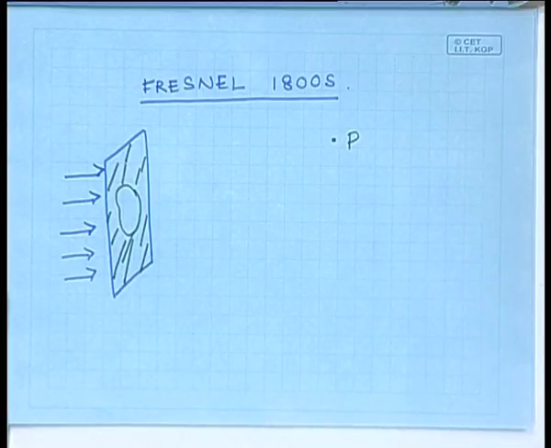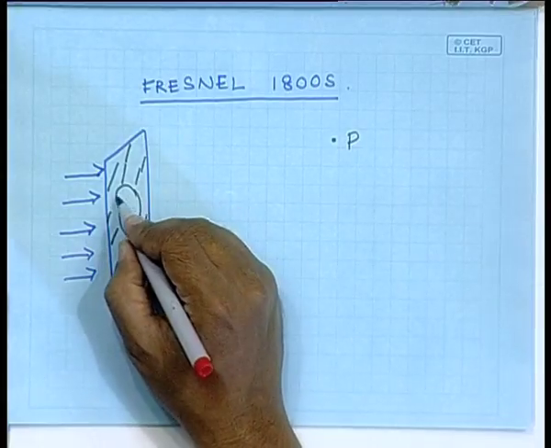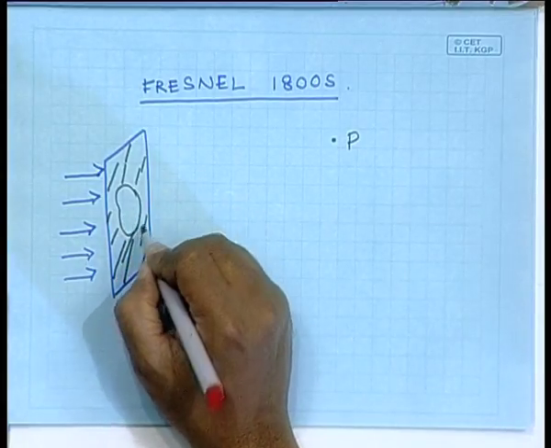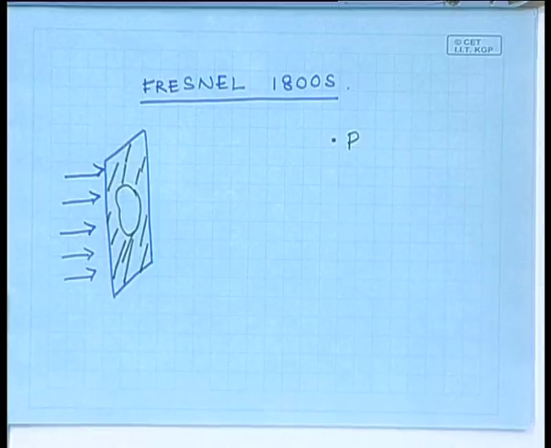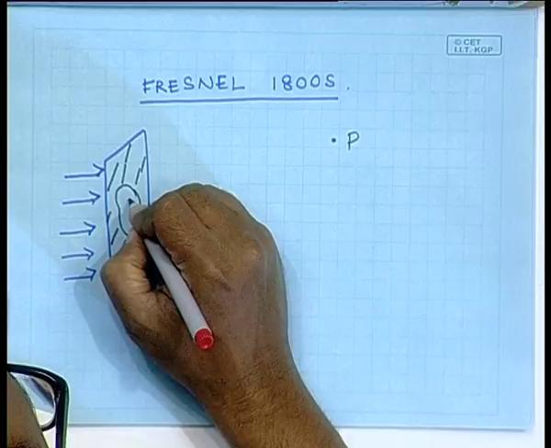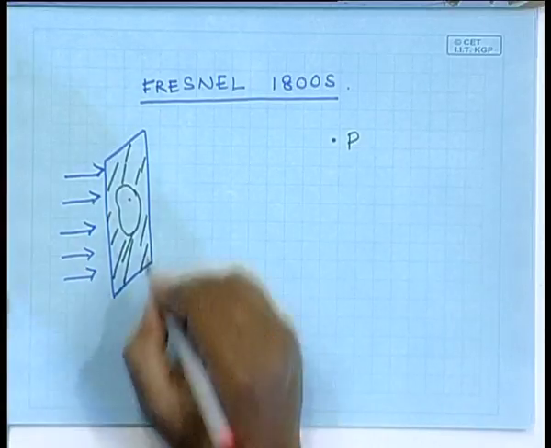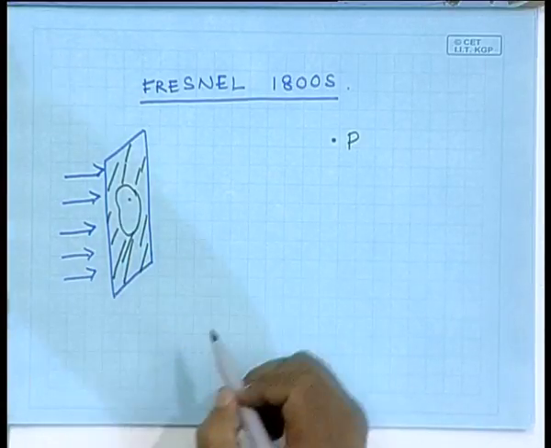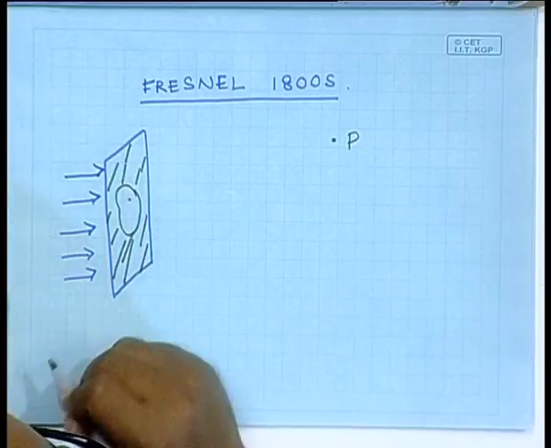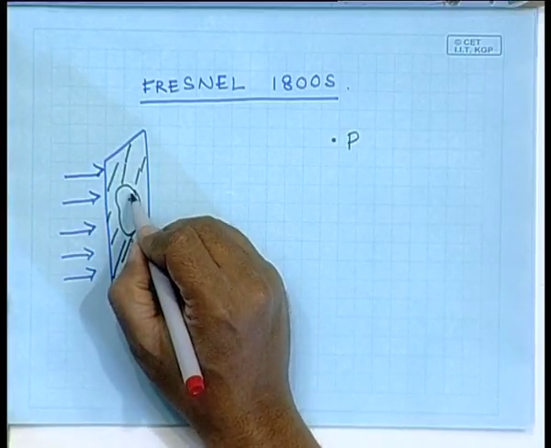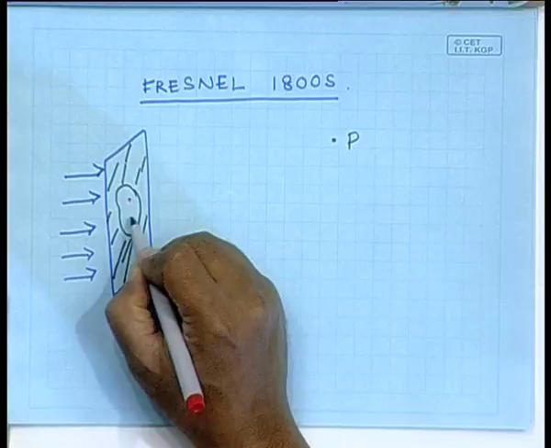So, what the Huygen-Fresnel principle, the Huygen-Fresnel construction tells us is that each point on this aperture is going to act like a source for a secondary spherical wavelet. So, each point here is going to act like a source for a secondary spherical wavelet. So, this is one point, it is going to act like a source for a secondary wavelet.